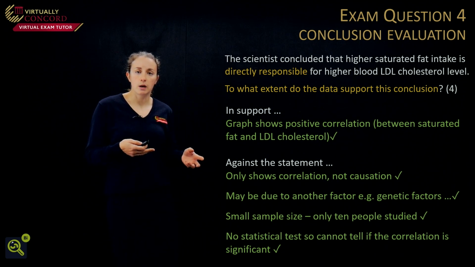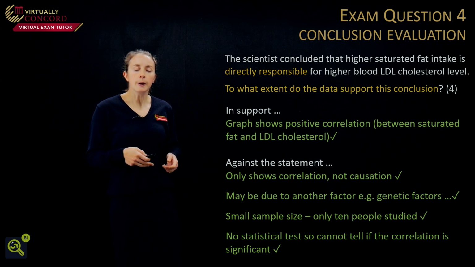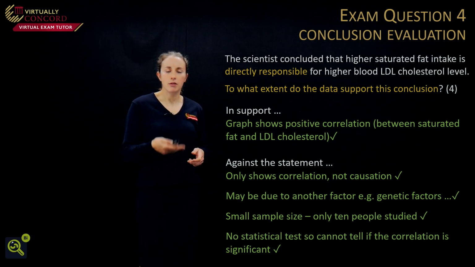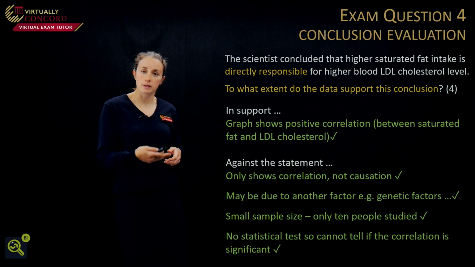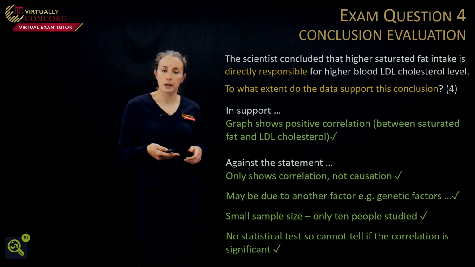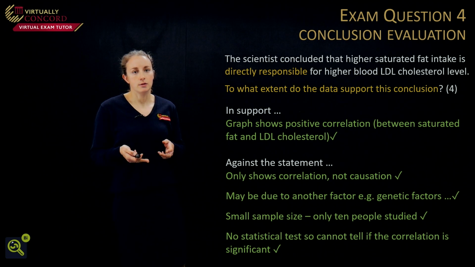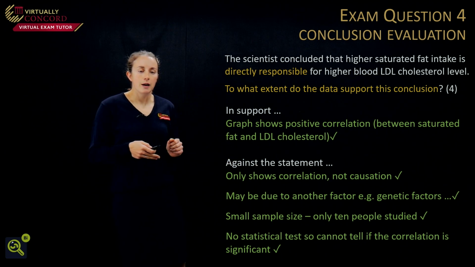So genetic factors might be involved in LDL cholesterol levels. Also, if someone's eating a lot of saturated fat, it might be that there are other dietary factors. So for example, with a lot of saturated fat consumption, they might also be eating a lot of processed foods. And it might be the processed foods that are linked to the LDL levels. So definitely state there might be another factor. If you can give an example, definitely include one.